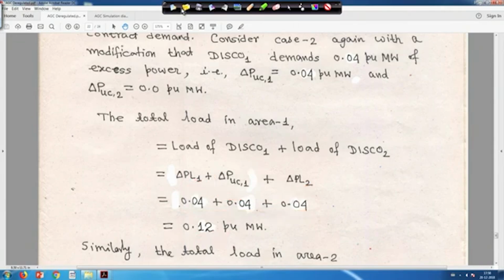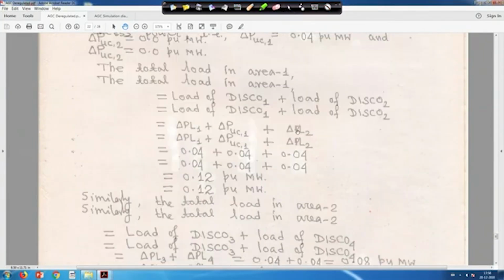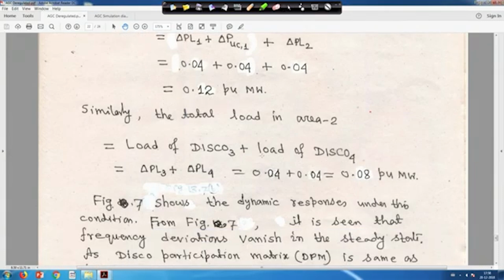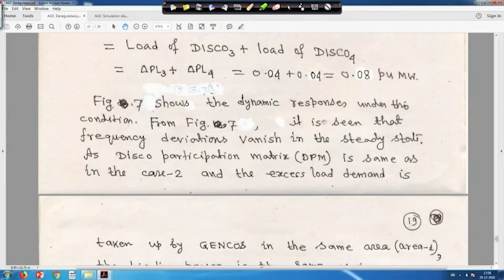Similarly, total load in area 2 will be 0.08, because here no DISCO has any excess power demand. So, delta PL3 0.04, delta PL4 0.04. So, total is 0.08 per unit megawatt, right. Now, the simulation result I will come to later; figure 7 shows the dynamic responses under this condition, right.